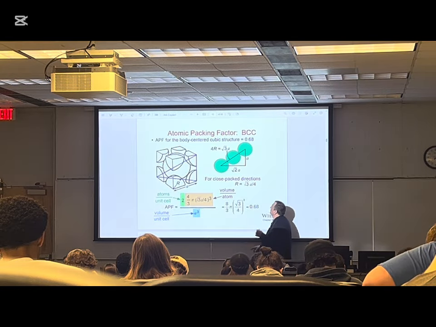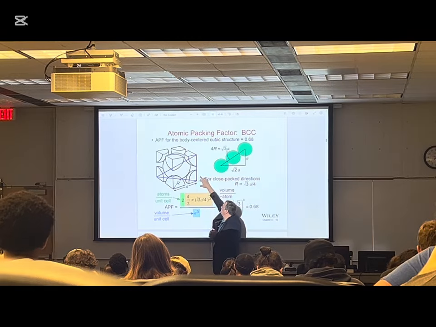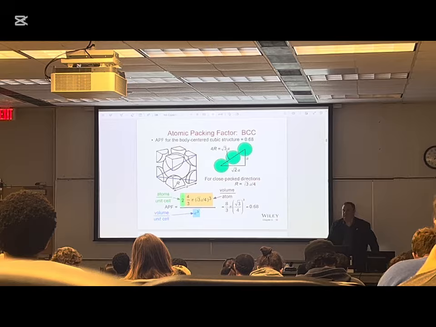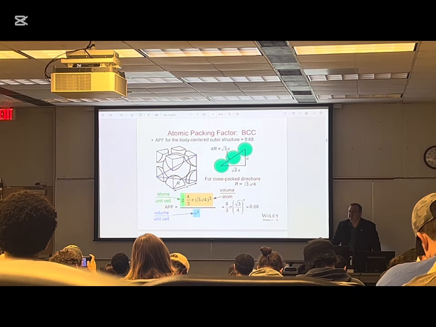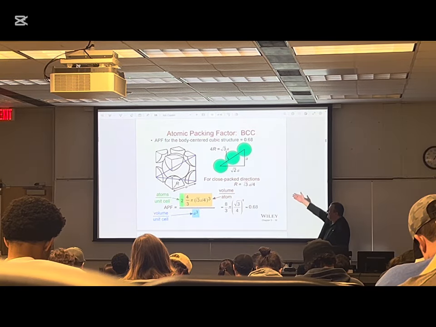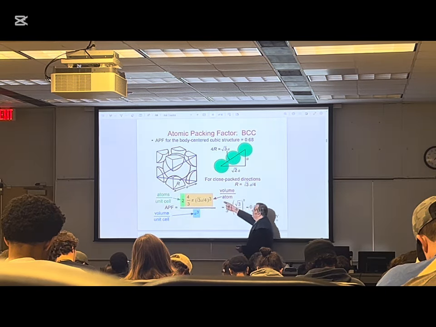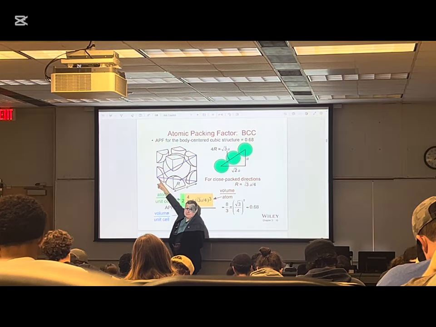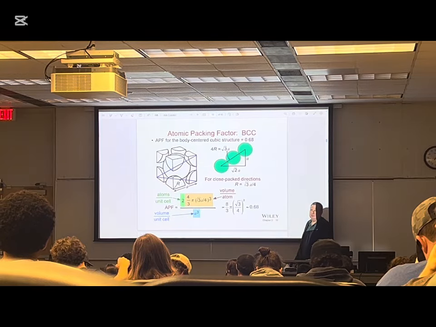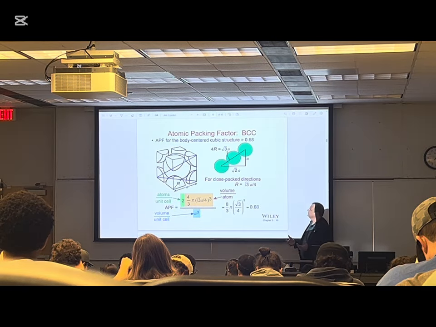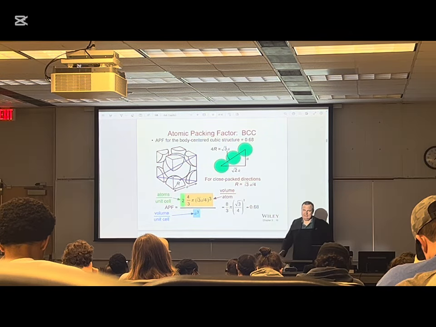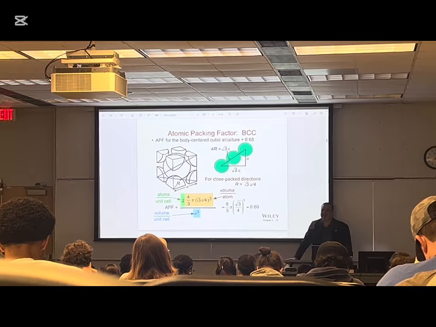So if the height here is, this is A. This is always A. A is the parameter of the unit cell. If one side is A, what is the diagonal of the base? It's going to be the square root of 2 times A. And what would be the length of the diagonal of a cube? It's going to be the square root of 3 times A. Does everybody get that? So we have a right triangle.